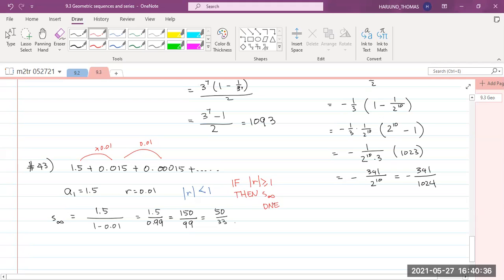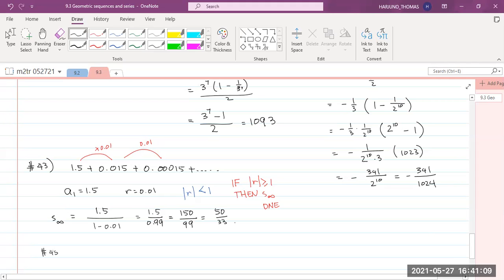It's very likely it does not exist, but if the r is positive, then the infinite sum is either positive infinity or negative infinity. If the r is positive, then it depends on the first term. Okay, let's say for example, the one I can see here is number 45.